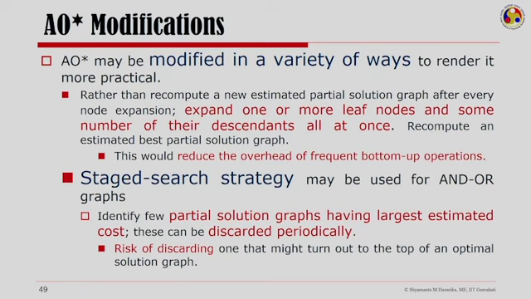So, these we could keep on discarding periodically, but doing this has a risk: the risk of discarding one that might turn out to be the top of an optimal solution graph. Having said that, the general AO star algorithm with its two operations, the top down and the bottom up intertwined, gives us the best optimal solution to an AND/OR graph.